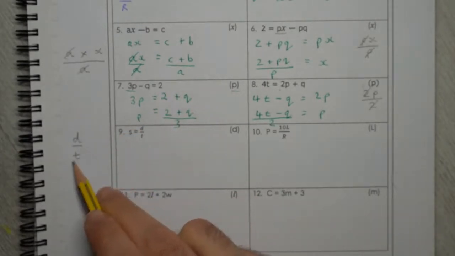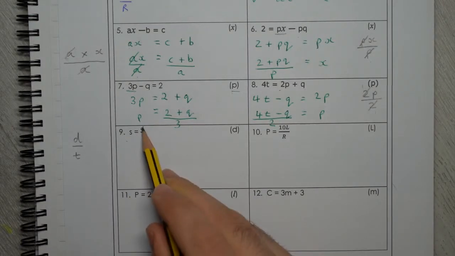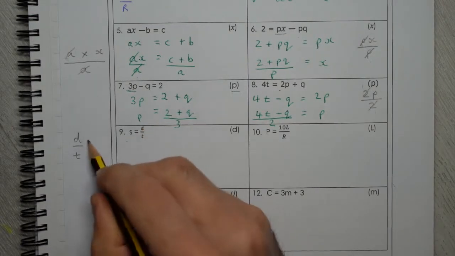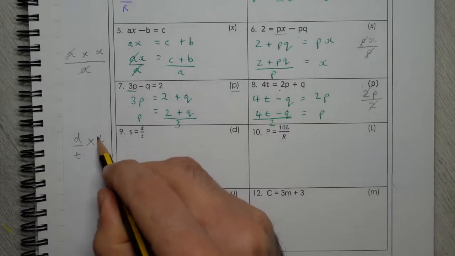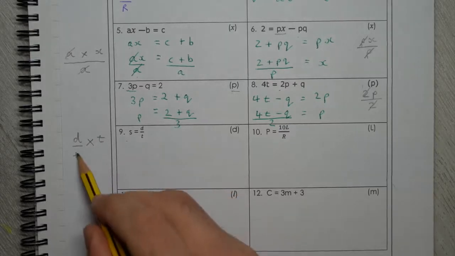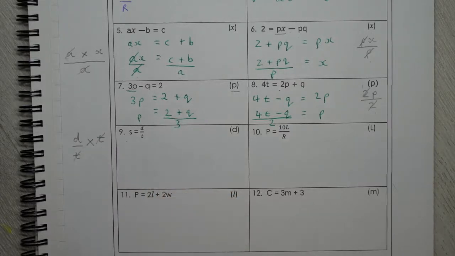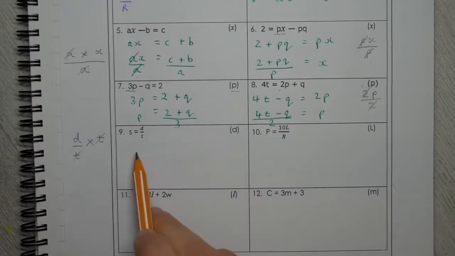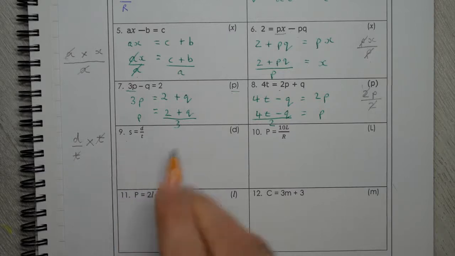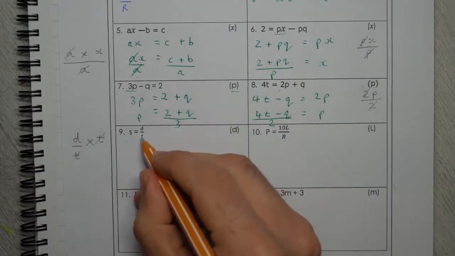To eliminate the t, because we don't want the t, we need d only, we must multiply by t, because they can cancel each other out, and we end up with d. So we have to multiply t on both sides.